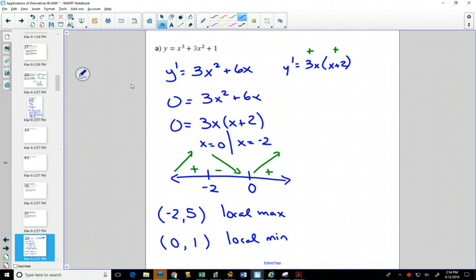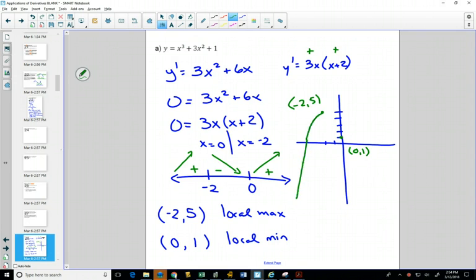If we go to sketch this, we've got -2 comma 5, zero comma 1, and our graph is increasing, decreasing, and increasing.